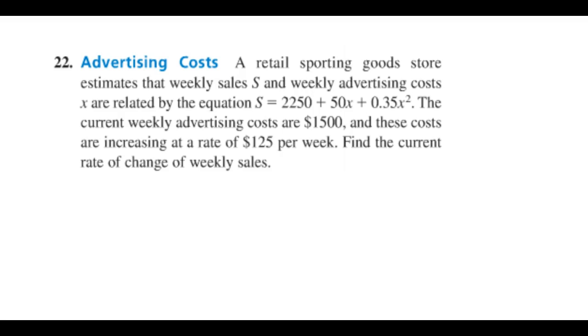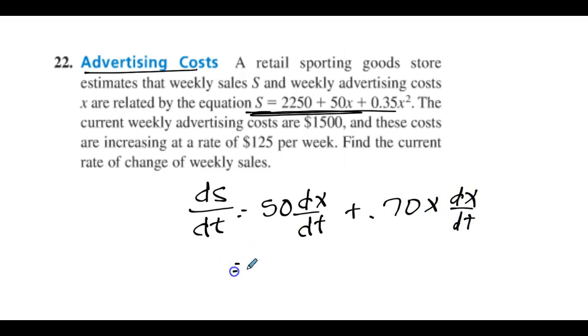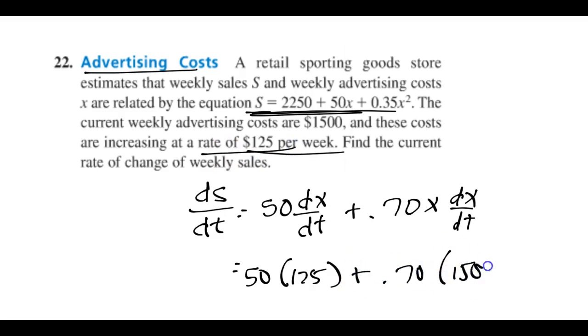And for sake of time, I'll let you work on this last one. This is probably the most applicable problem. I hate to rush through it too quick, but it gives you a formula with related to time. And we're going to find the derivative of this thing. 50 plus 0.70x dx/dt, and then you're just going to plug in 50 times the 125, the rate at which that's increasing. 70, 1500.